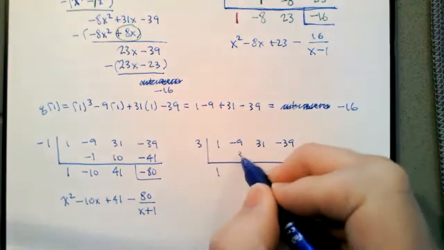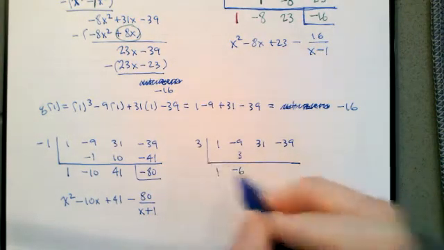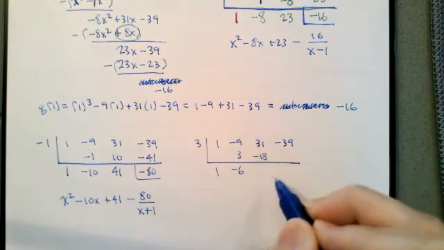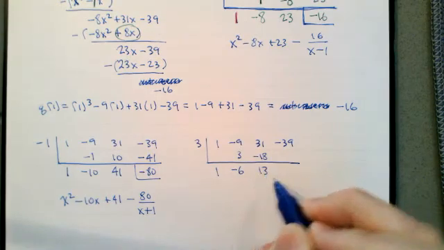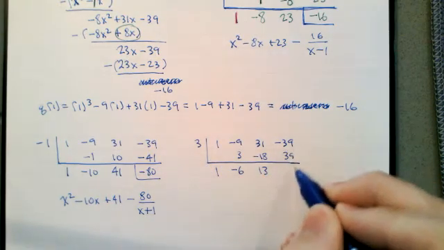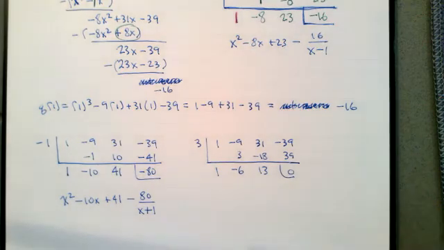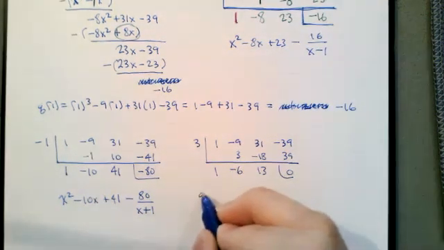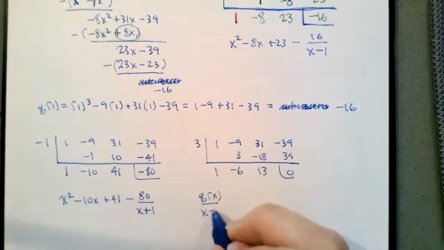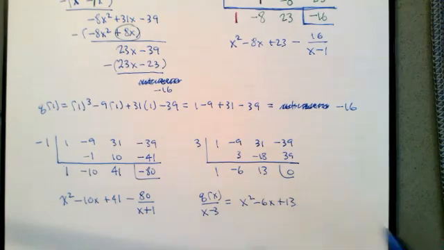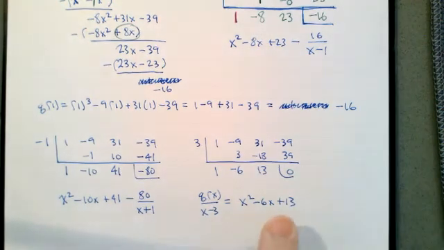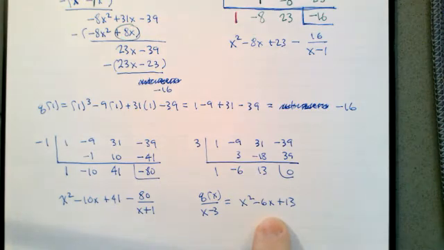And 3 times 1 is 3. -9 and 3 is -6. 3 times -6 is -18. 31 minus 18 is 13. 3 times 13 is 39. -39 and 39 is 0. So q of x divided by x minus 3 is equal to x squared minus 6x plus 13. We have found a rational 0. And moreover, we can see that that is the only real 0 we're going to get.